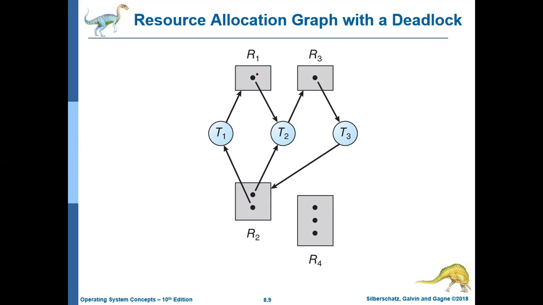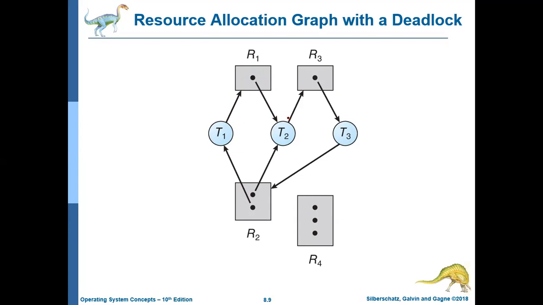Can we provide this instance to T1? No. Why? Because this instance is already allocated to T2. So T1 cannot run until R1 is free and allocated to T1.